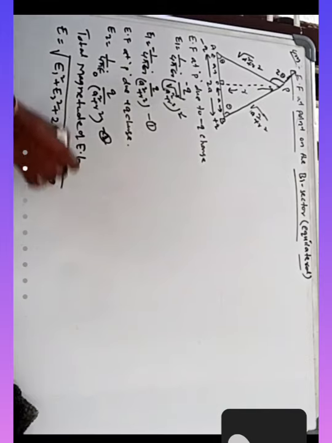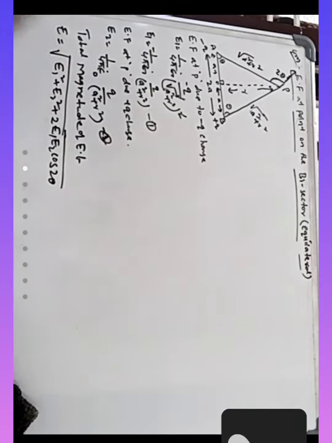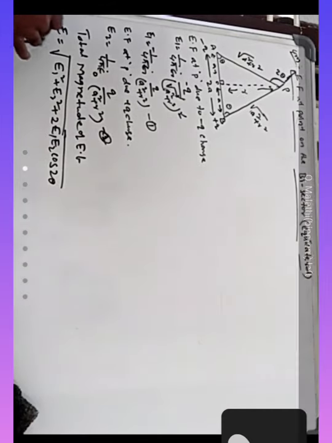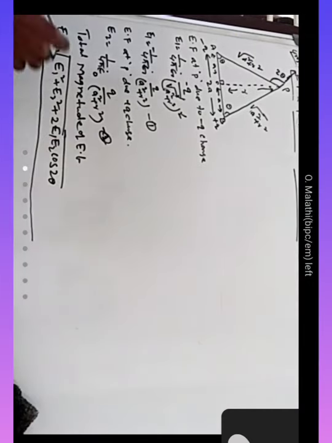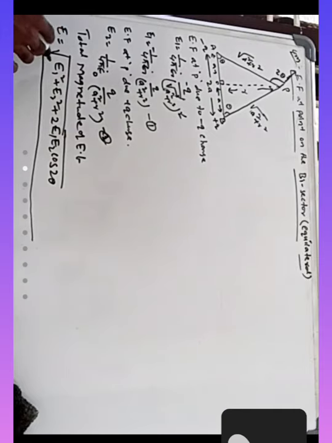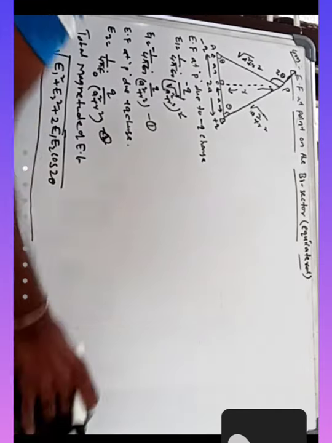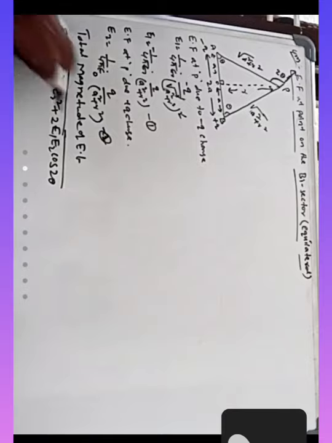Keep it in mind, cos 2 theta. Now E is equal to under root, it is going very long, so I will write it up above, because I want more length.